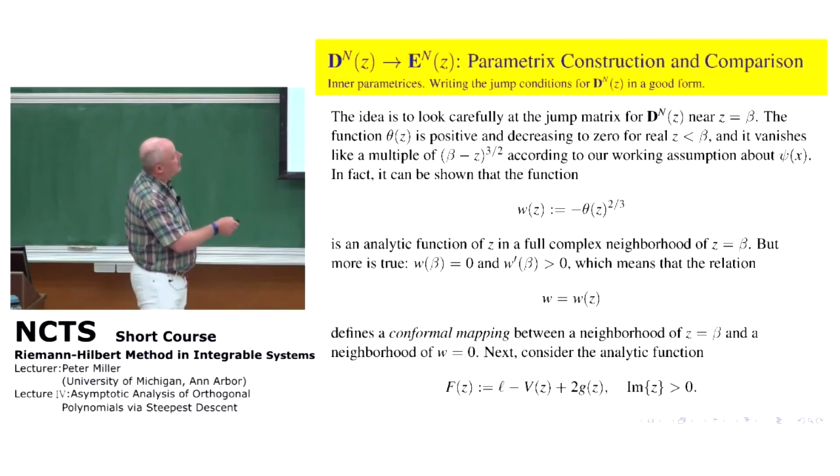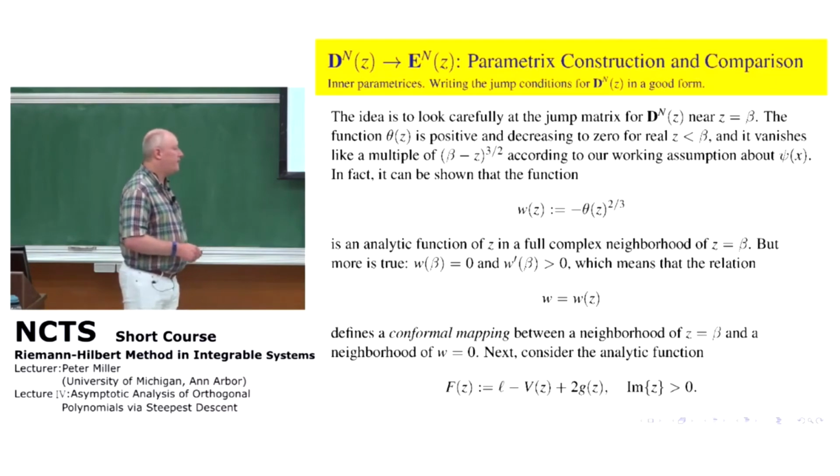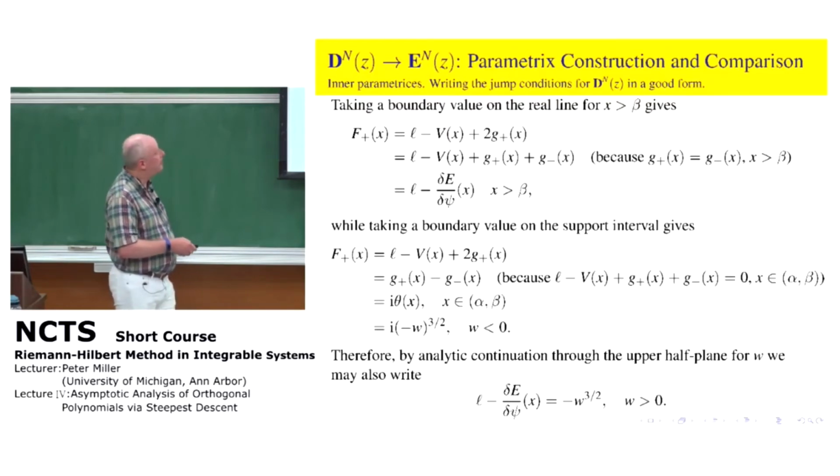So obviously that's going to have a nice effect on the jump conditions that involve the function theta, because they can be written in terms of w. But what I want to really show you is that if we consider this thing, which is in the off-diagonal elements of our jump matrix, so right, f of z is L minus the potential v of z plus 2g. Let's consider that in the upper half plane for z.